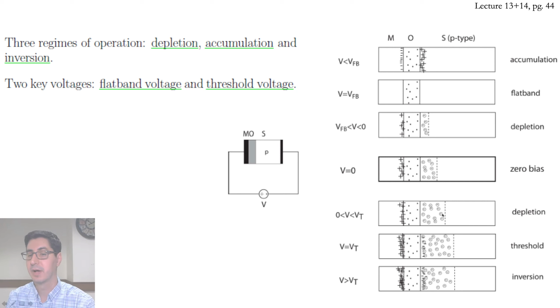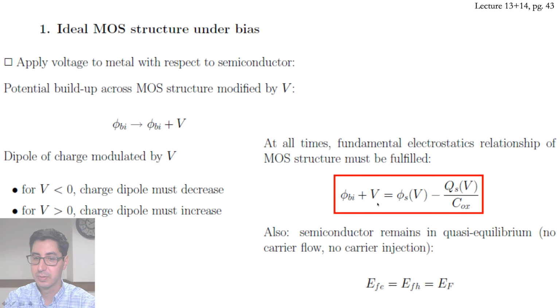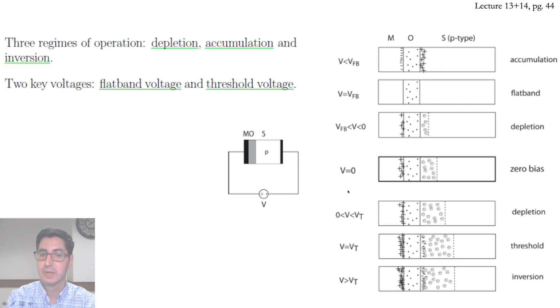If we go back to our previous slide, as we apply a positive bias V, our total effective built-in potential becomes larger. And so how do we drop a larger potential? We increase the depletion width in the semiconductor. That increases phi s, and that also increases phi ox.